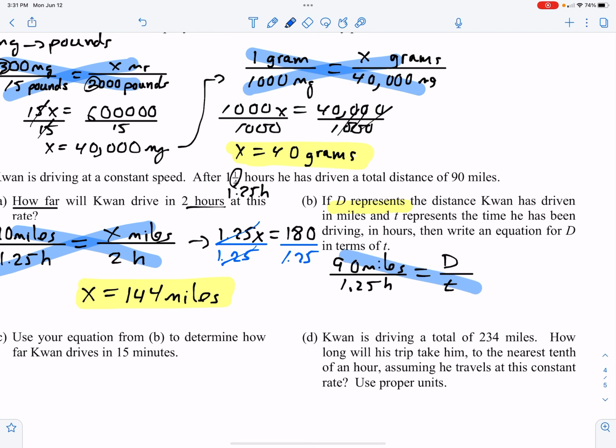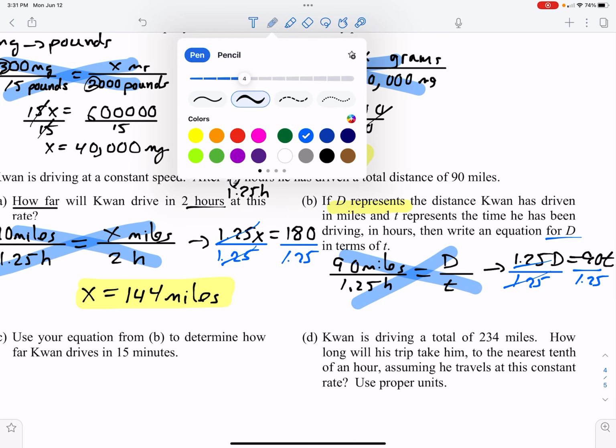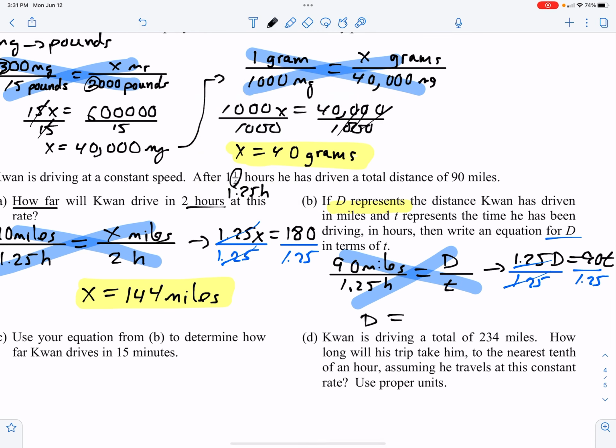We're going to cross multiply, then solve for D. 1.25D equals 90T. We're solving for D, so we're going to divide both sides by 1.25. And so D would be equal to 90 over 1.25 times T.